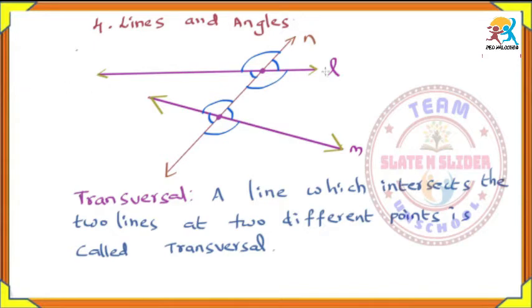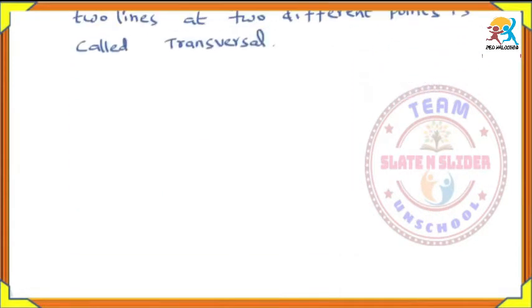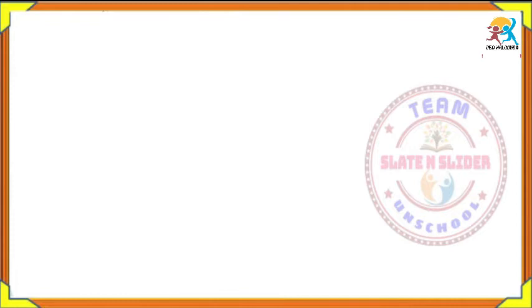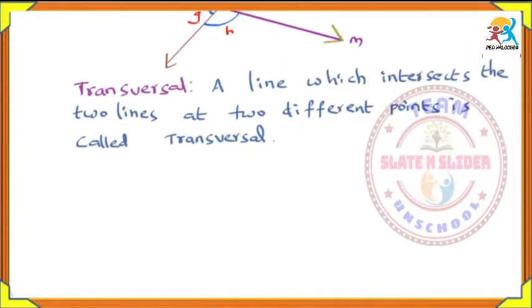So I will give some names for these angles. This is the angle A, this is the angle B, this is C, this is D, it's E, F, G, H. So if two lines are intersecting with a transversal, then 8 angles have been formed. So we will give some names for these 8 angles.